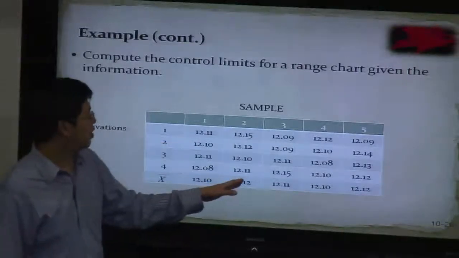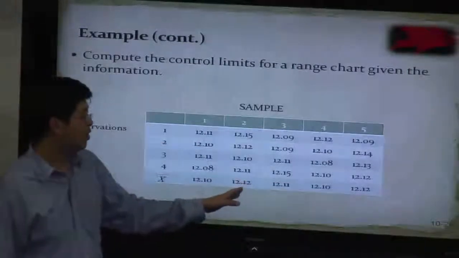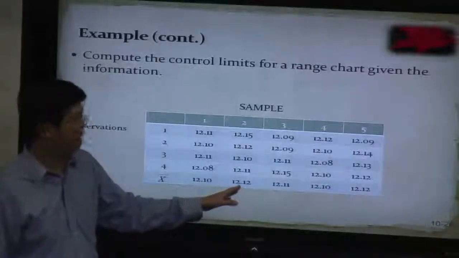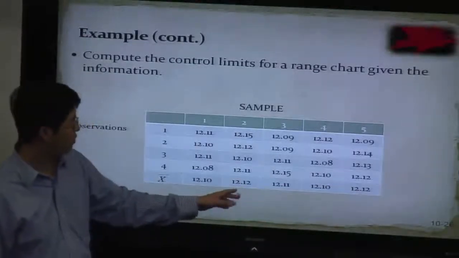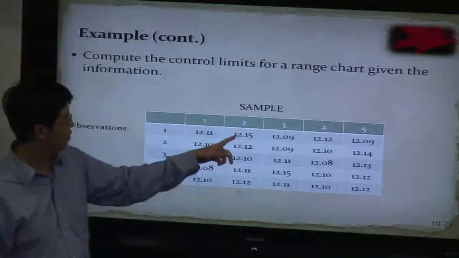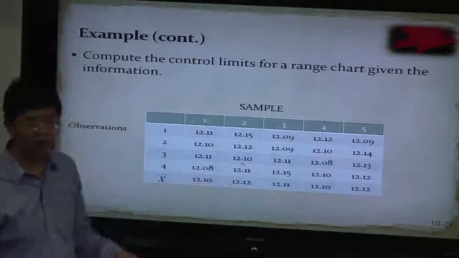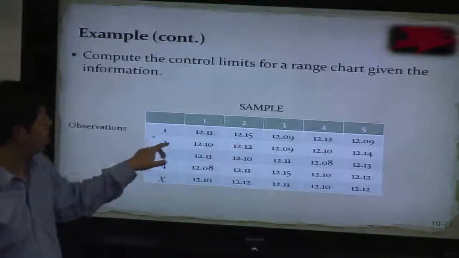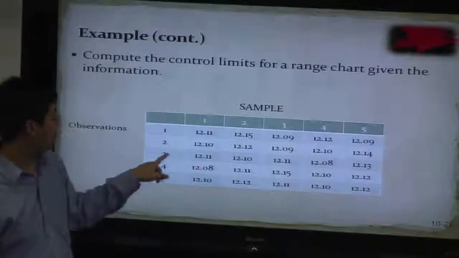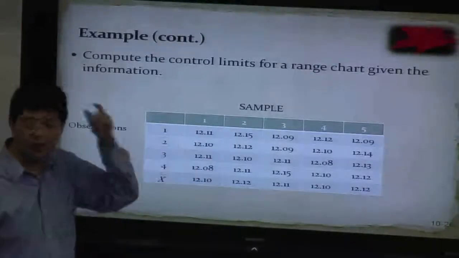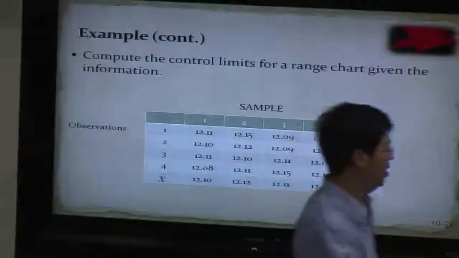And then what about the second sample? What's the range? 0.05. Christine, how did you get 0.05? You take 12.15 minus 12.10. Great. It's the maximum in the first observation, 12.15, minus the minimum in the third one, 12.10. So you get 0.05.